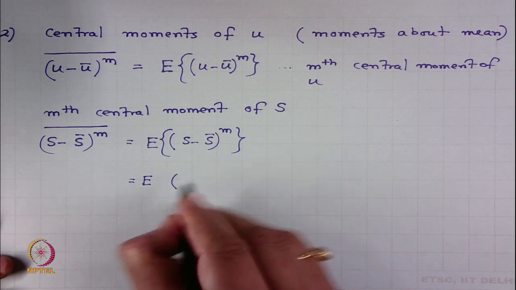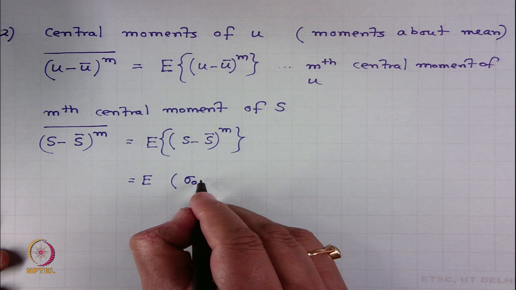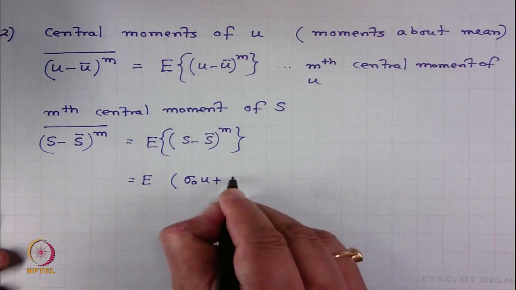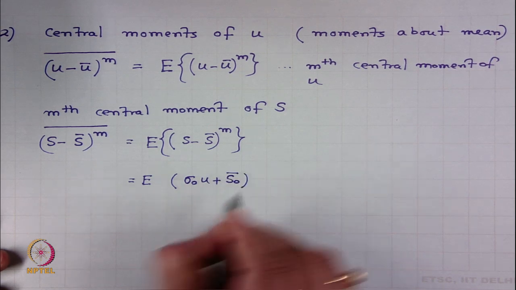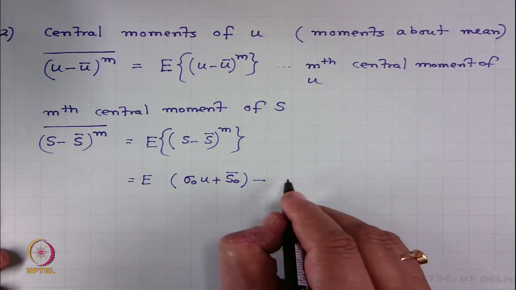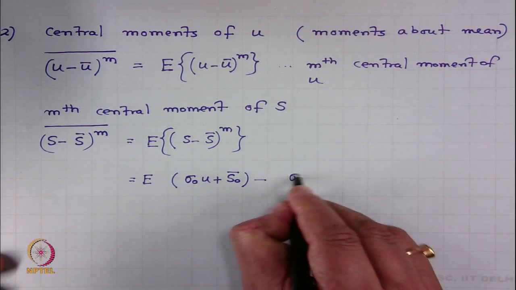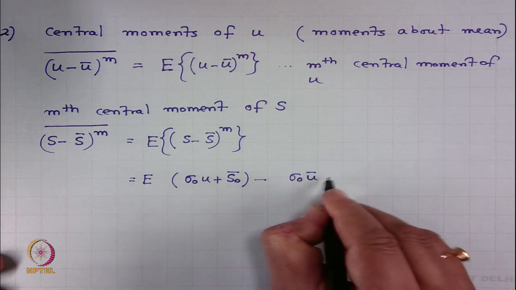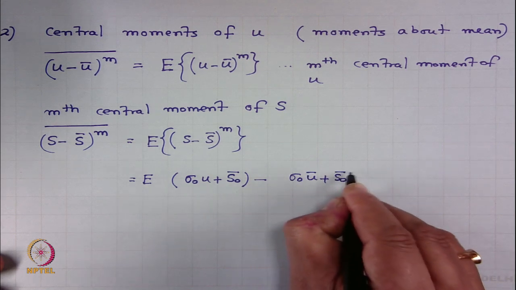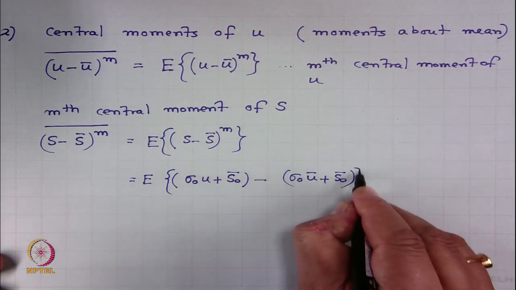S is sigma naught into u plus S naught, and S bar will be sigma naught u bar plus S naught.